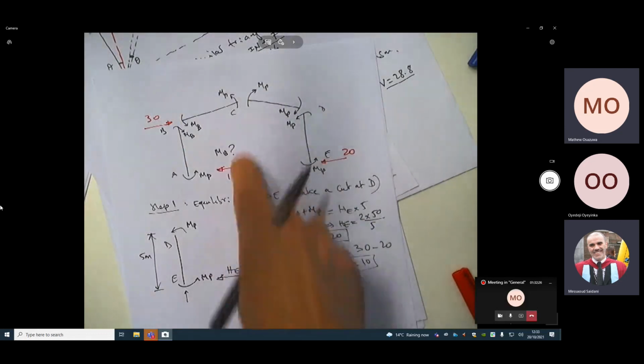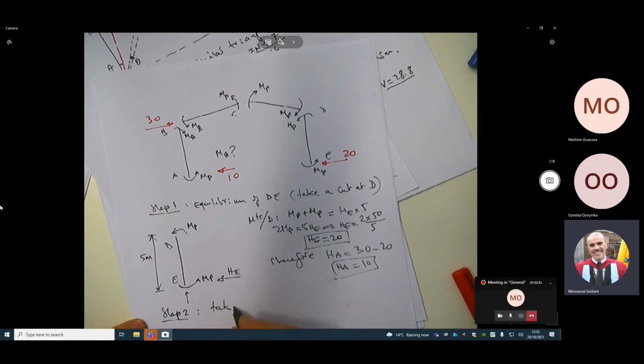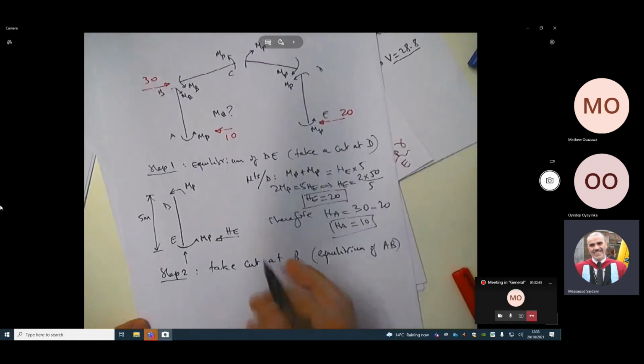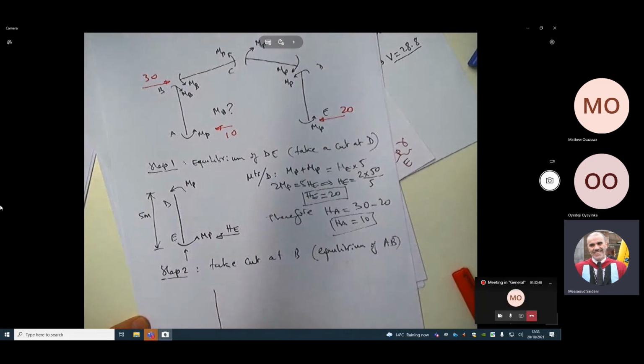Now we take the equilibrium of this column here. So take a cut, step 2, take cut at B. So we do the equilibrium of AB. This is column AB. At A we have anti-clockwise MP. Then we have chosen MB in this direction, we don't know.